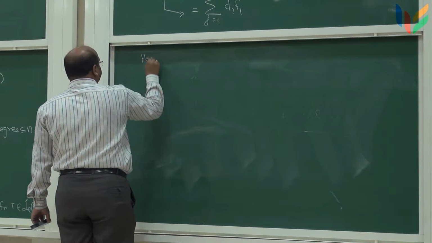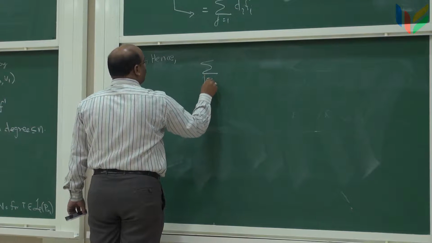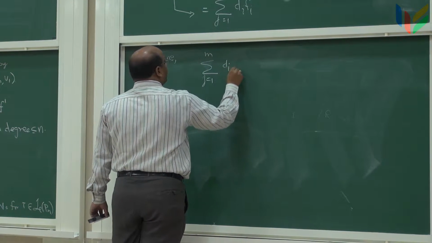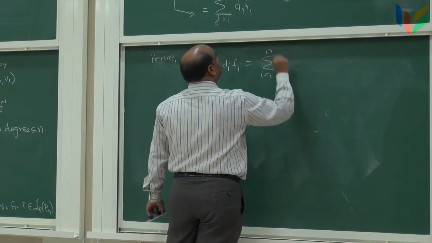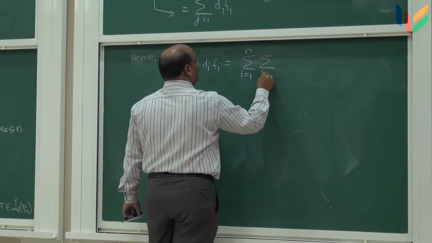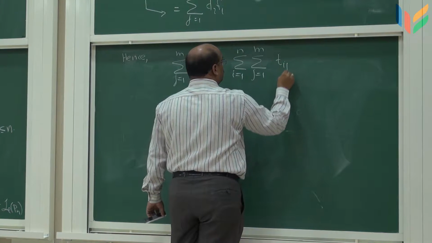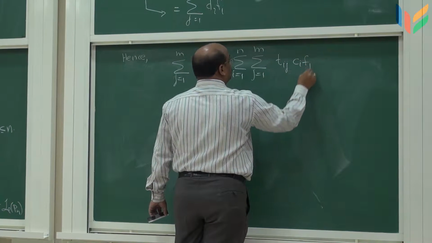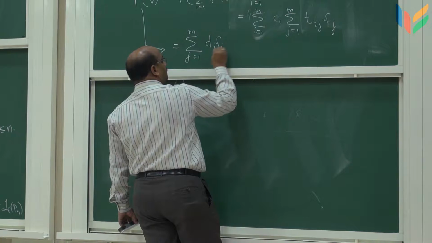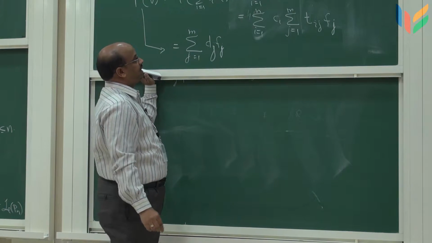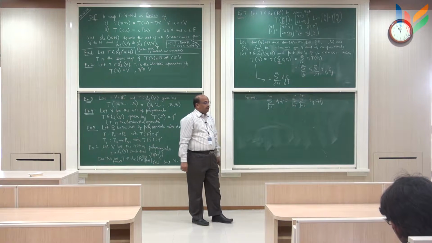So hence, the summation of j equals 1 to m dj Fj is equal to the summation of i equals 1 to n, and I hope you won't object, I am going to basically please make this correction. j is everywhere as far as F's are concerned, okay.